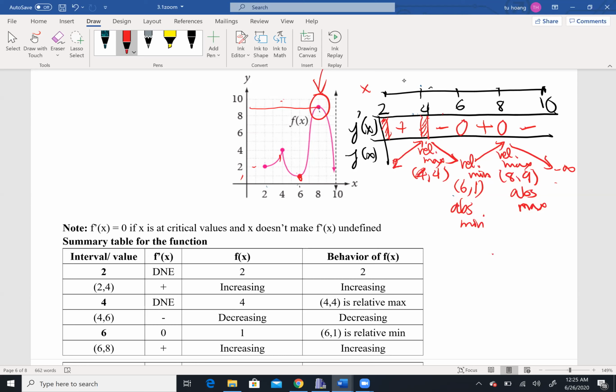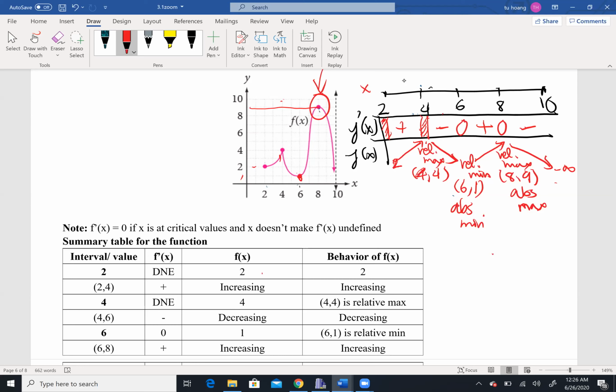The first special value is 2, so I put 2 here, and I'm pretty sure f of x in this does not exist, so I put undefined, and f of x in here I know that is 2, so I put 2 here. Okay, and then the behavior at x equals 2, because it doesn't change, it just stays there at 2.